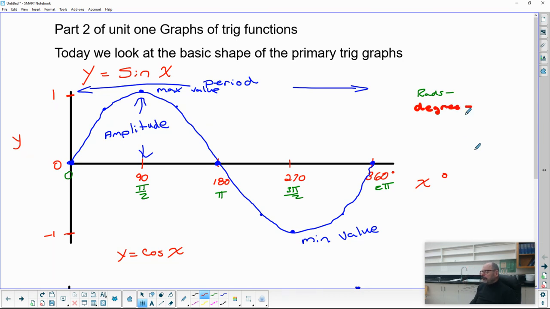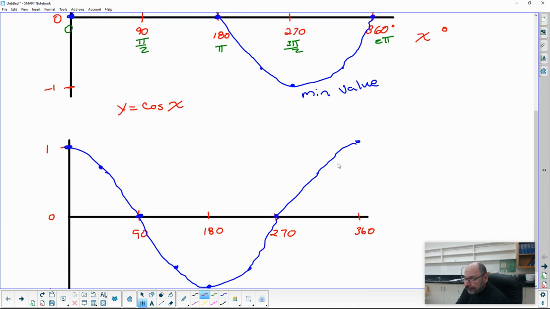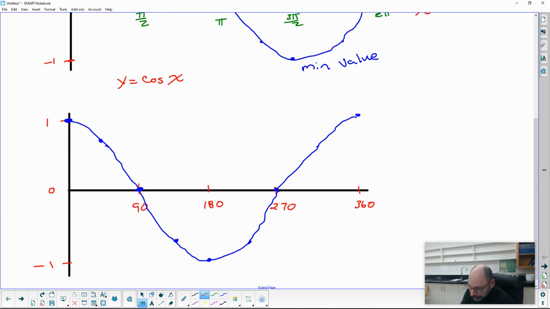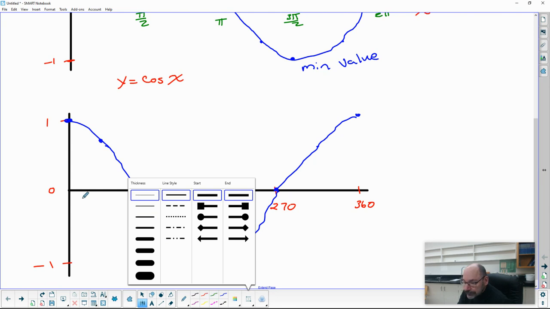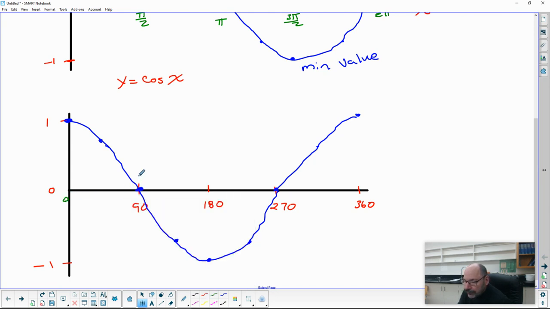Okay, we use both. But that's kind of how it looks. The same thing here. If you go to the cosine graph underneath here, you could just slap in radians there: 0, pi over 2, pi, and 2 pi, right?